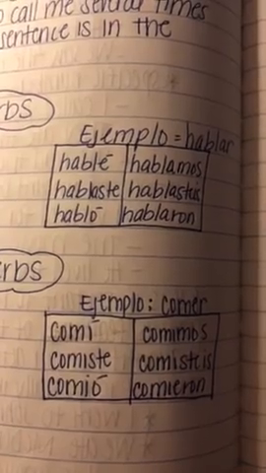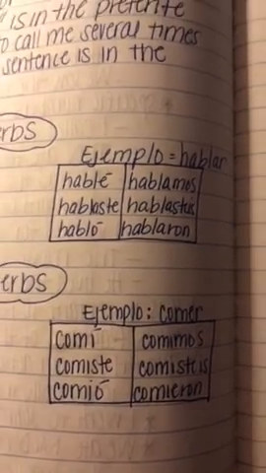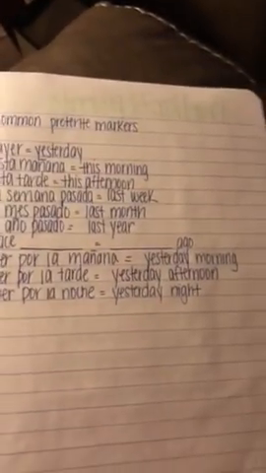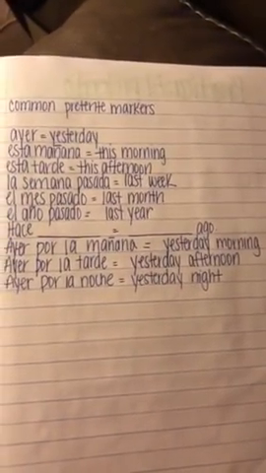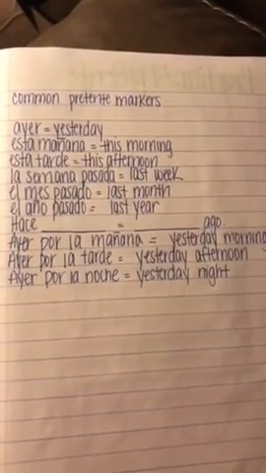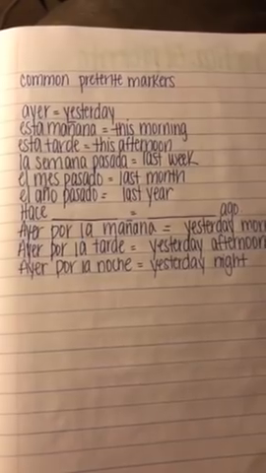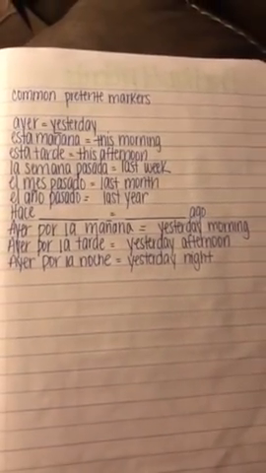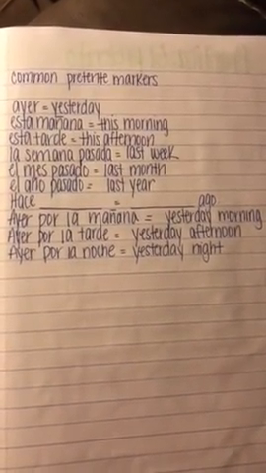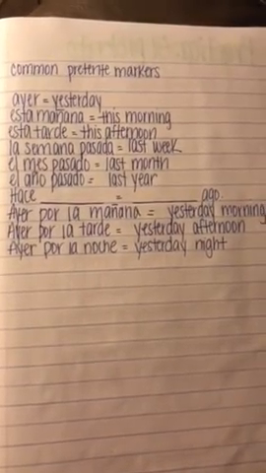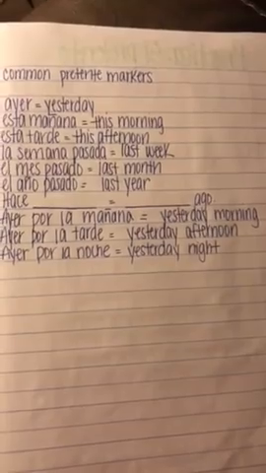Okay, now, I also want you to write these common preterite markers, okay? And these are common words that are going to tell you that you have to use the past tense instead of using the present tense, because we are really used to using the present tense right now. We always want to say hablo, como, tomo, okay? But we're now talking in the past tense.